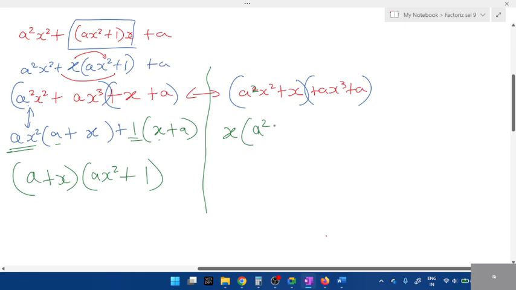What do we get? A square. Divide, students. Why you're not answering? So when you divide, a square remains as it is, x plus, here you get 1.